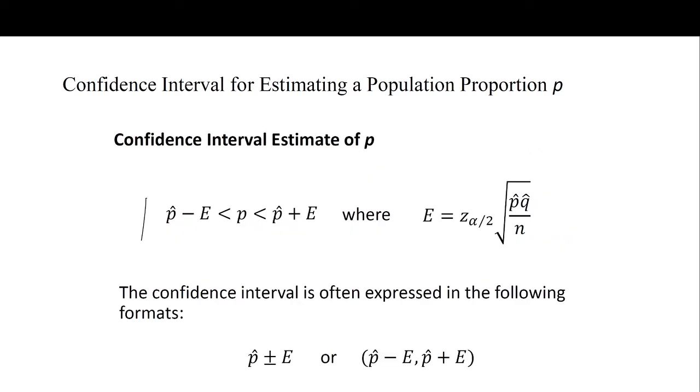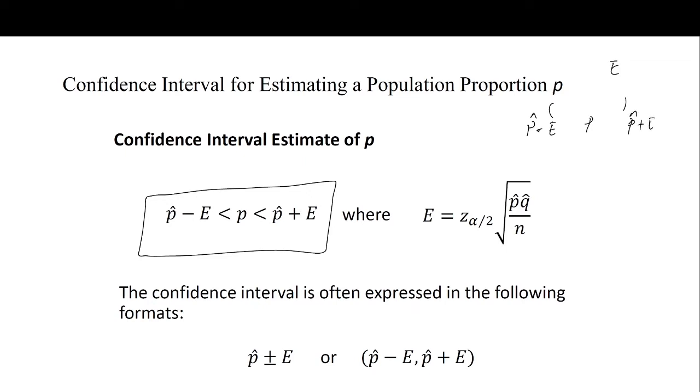So this is how we write a confidence interval for the estimation. This estimation would be inside this confidence interval: p hat, which is the sample proportion, minus margin of error, and p hat plus margin of error. So there is an estimation, you have p, and you have the margin of error E. Then that estimation could be in between p hat minus margin of error to p hat plus margin of error.